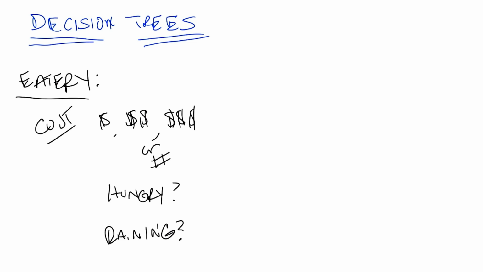Right, and there's a bunch of features you could imagine coming up with that probably have nothing to do with whether you should enter into the restaurant or not, like how many cars are currently parked across the country. Probably doesn't have an impact on whether you're going to enter into a specific restaurant or not. Okay, so we have a whole bunch of features, and right now we're sticking with features we think might be relevant, and we're going to use those to make some kind of decision. So that gets us to decision trees.